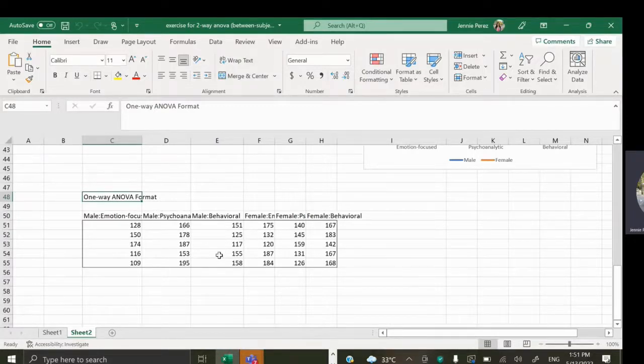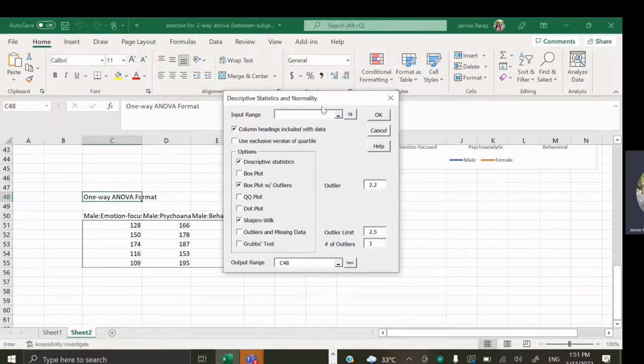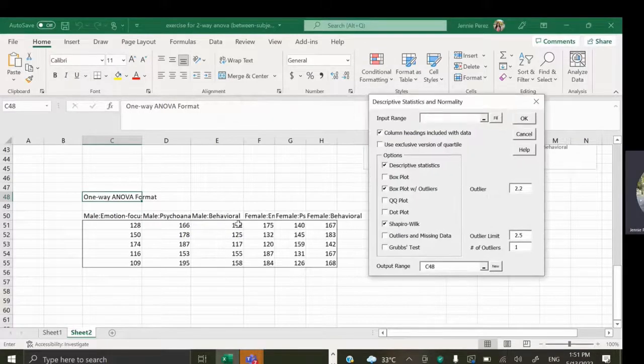So we then again click Control M and we check descriptive statistics and normality. And we now highlight because this is now available for one-way ANOVA format.